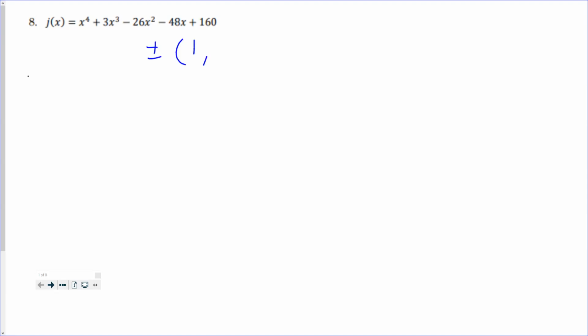So 1 is going to work, 2 is going to work, 3 doesn't work, 4 works, 5 is going to work, 6 doesn't work, 7 doesn't work, 8 works, 9 is not going to work, 10 works, 11 doesn't work, 12, does 12 work? No, 12 doesn't work, 14 does not work, 15, does it work? No, 15 doesn't.